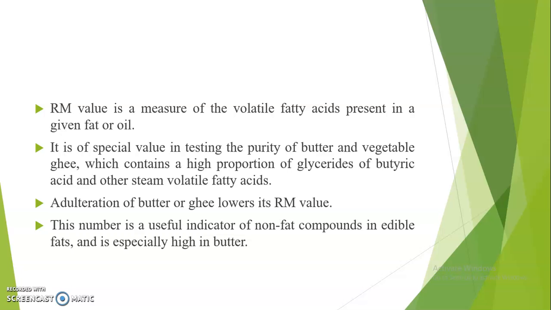So butter can also be adulterated with non-fat compounds, and this RM value is of great significance to check whether butter is adulterated with non-fat compounds or not. So these are the various uses of this RM value: to check adulteration, and the proportion of volatile fatty acids present in the given fat or oil. Mainly it is used to check vegetable ghee as well as butter.